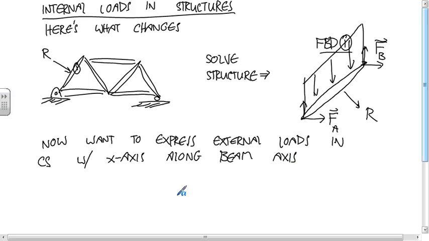So notice, like all the internal loads problems we've done, we've had those beams lying flat down on the ground. And mathematically what that means is our x-axis is always pointing straight along the long axis of the beam.